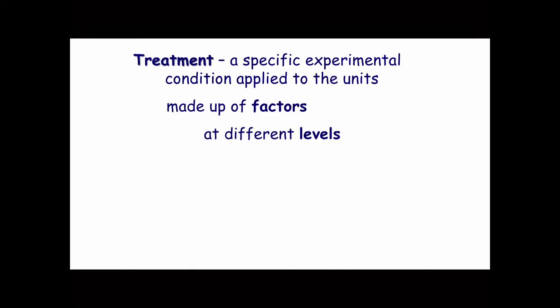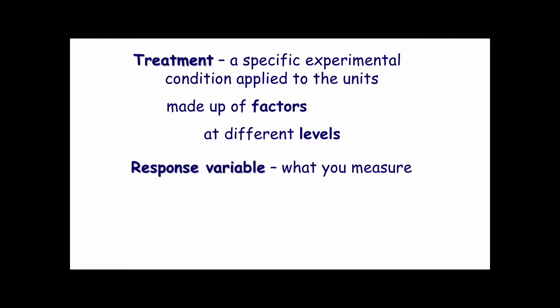So basically a treatment is the same thing as your explanatory variable, and it is made up of factors that can have different levels. So in this case, the factor or the treatment is the rabbit food, and the different levels could have been if the manufacturer decided to make it in two different forms, like pellets versus grains or something.